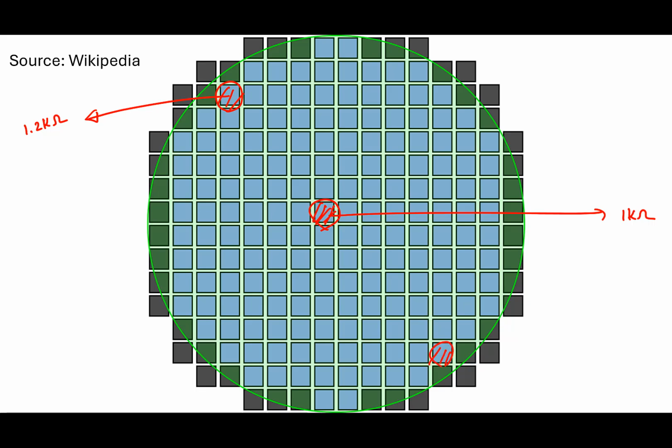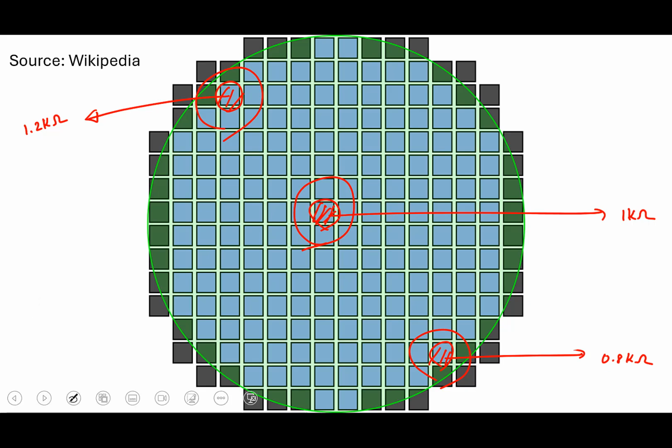Similarly, if I take some chip here, the mean value might be 0.8 kilo ohm. The reason is simple. The fabrication process happening in this location will not be exactly identical to what happens here or here. Which means if I take any particular chip in my wafer and find the mean value of the resistors, it will vary a lot.